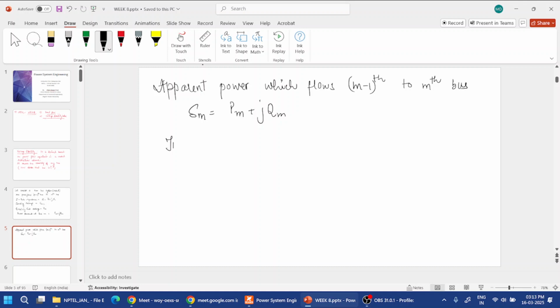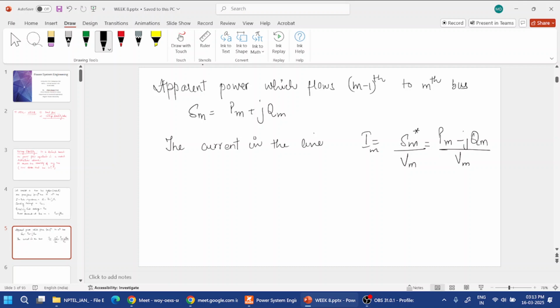So the current in the line will be I equal to Sm conjugate divided by Vm. And what is Sm conjugate? Sm conjugate is Pm minus jQm divided by Vm.